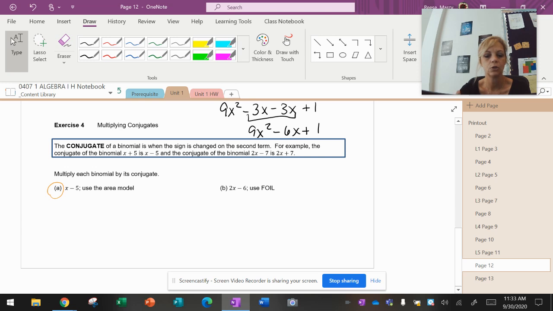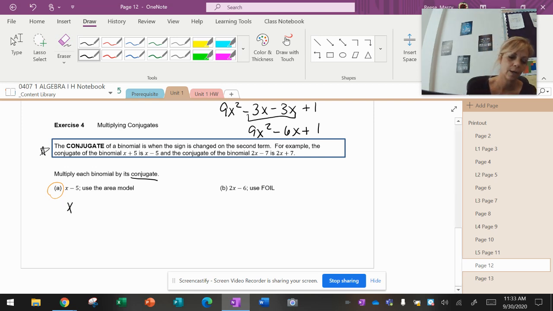Conjugates, so I'm not going to actually go through all this, but I will tell you we're going to do A. If I say to you, multiply the binomial by a conjugate, and I wrote it up here. A conjugate is literally where you take the binomial. You only have conjugates with binomials. You take the middle sign and you change it.